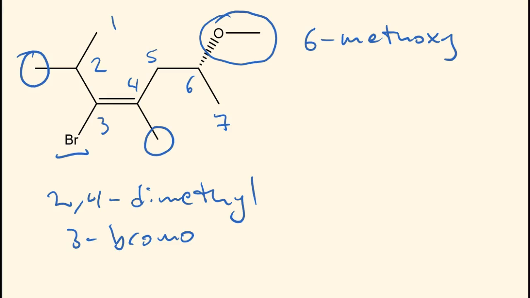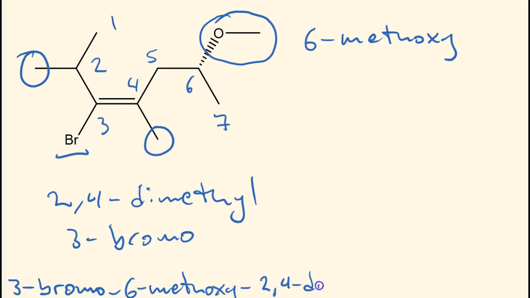So now what I want to do is assemble all of the substituents alphabetically. I'm going to start with bromo. 3-bromo, 6-methoxy, because O comes before Y, 2,4-dimethyl hept-3-ene.